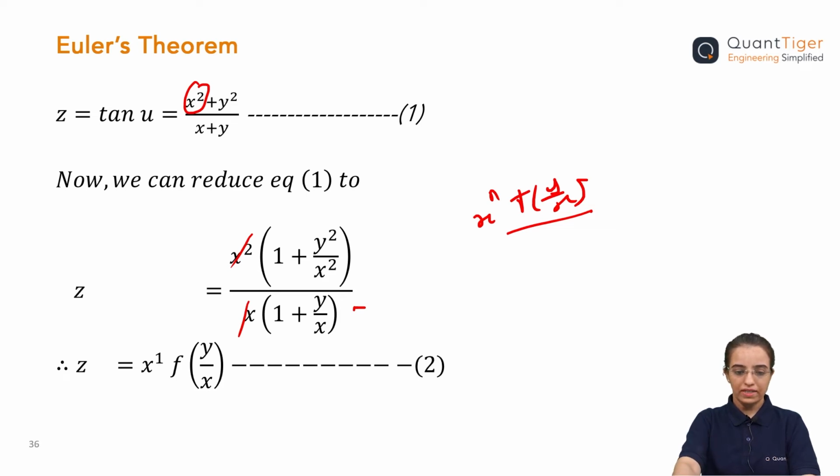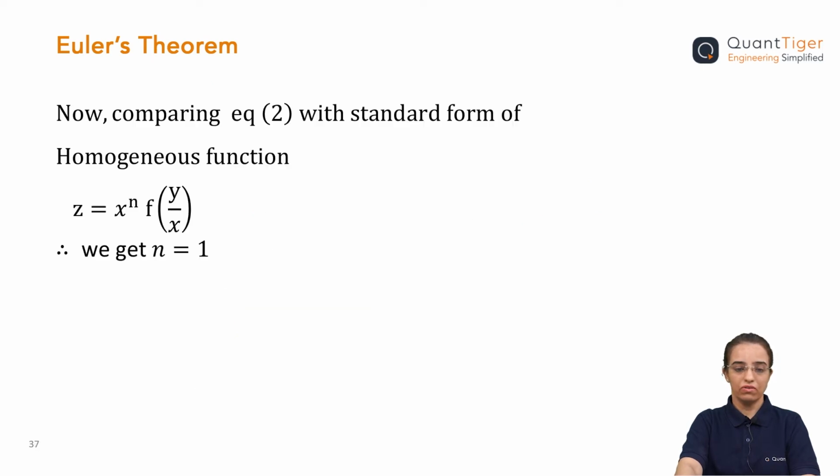If you look at this equation, I can compare it with the standard form of Euler's theorem, which is z is equal to x raised to n f of y by x. By comparing the power of x, we get n is equal to 1.